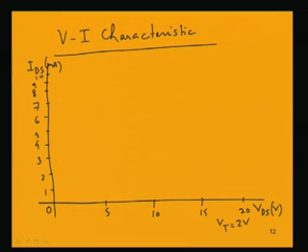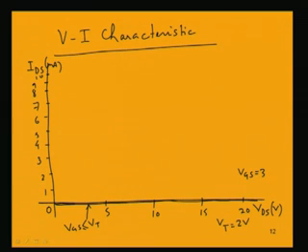Now, for VGS equal to 3 volt and onwards we will be raising the VGS; below VGS equal to 2 volt the current will be 0. So, this line basically denotes that VGS is less than threshold voltage Vt.